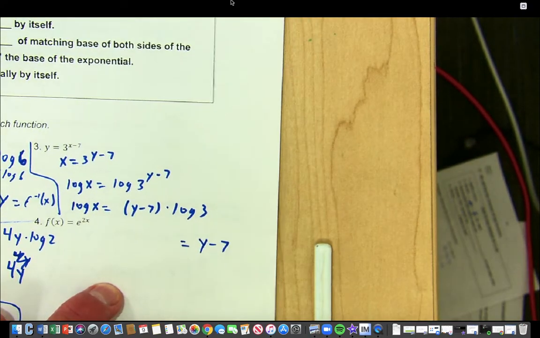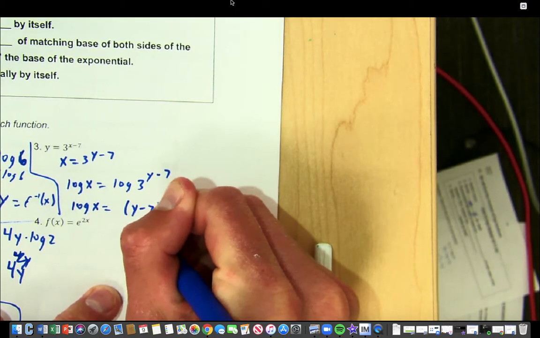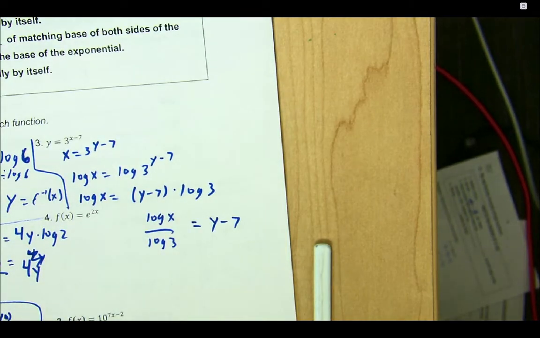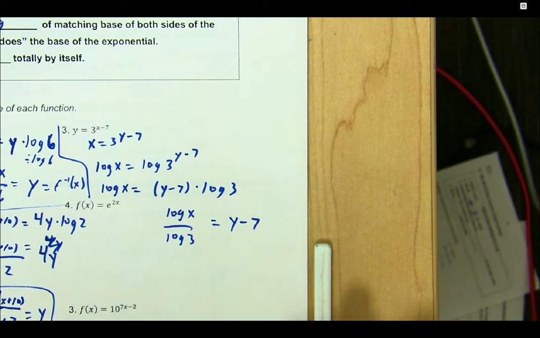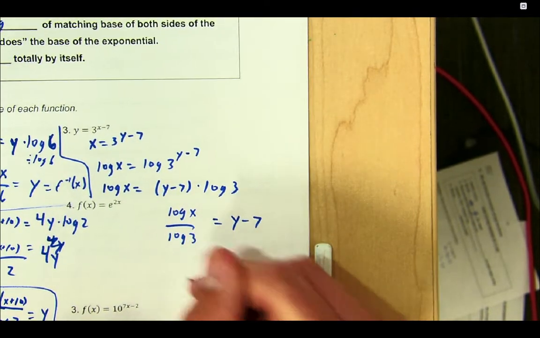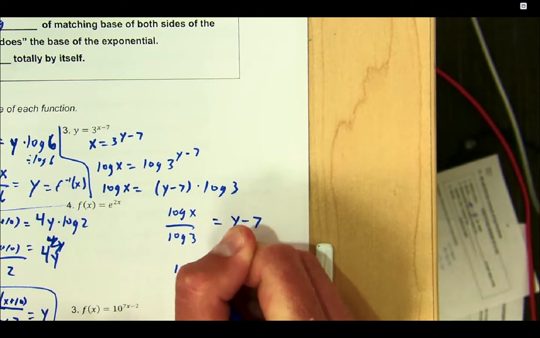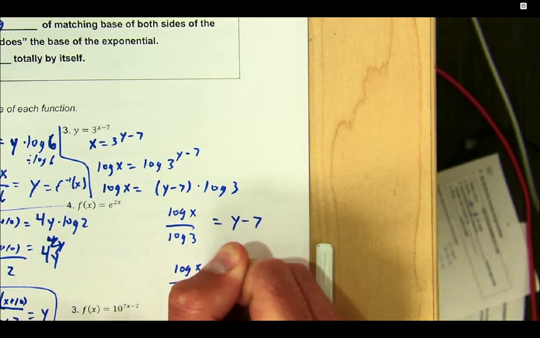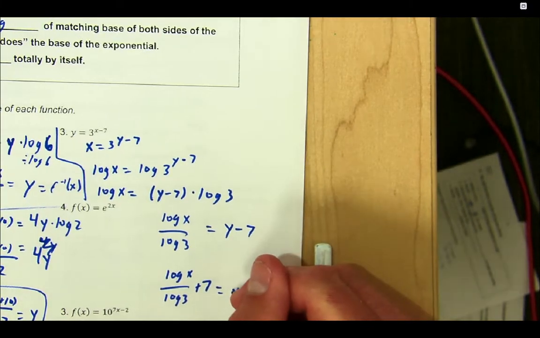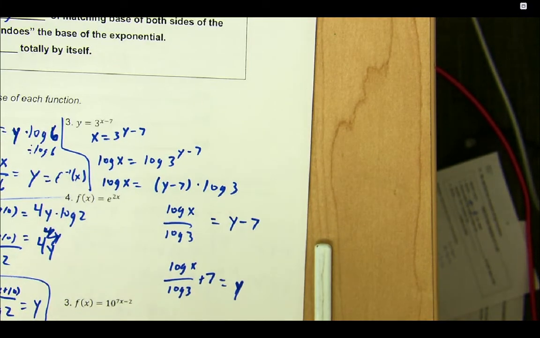So divide each side by log of 3. And now lastly, to get rid of this minus 7, we will add 7. And there's your inverse function.